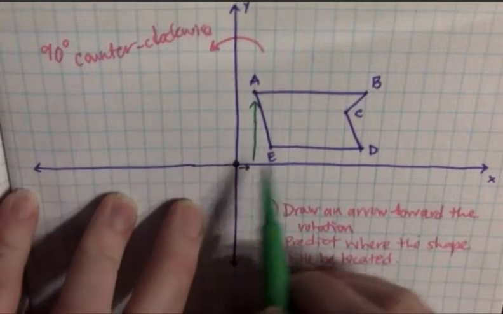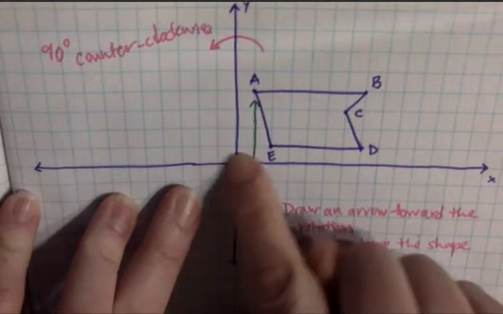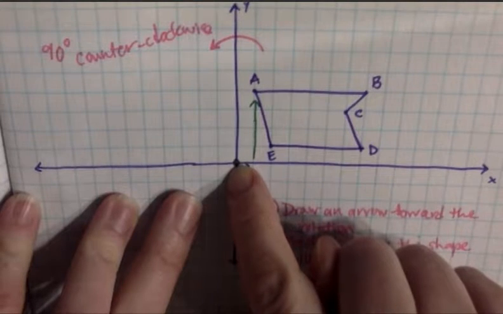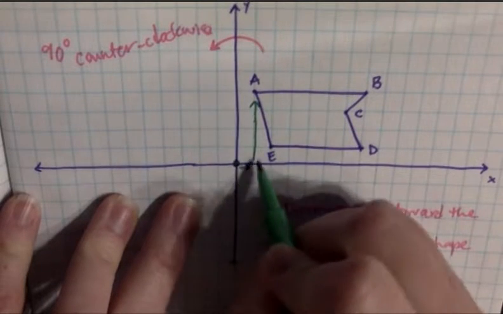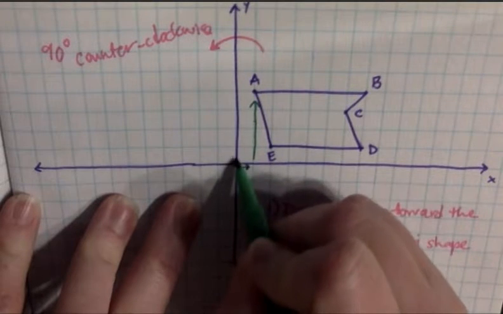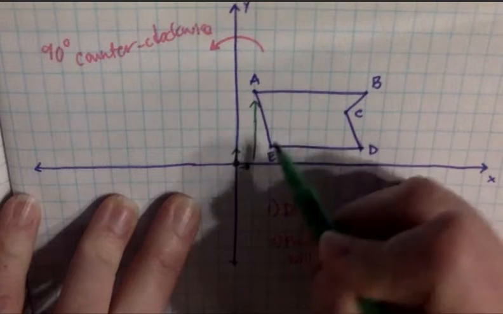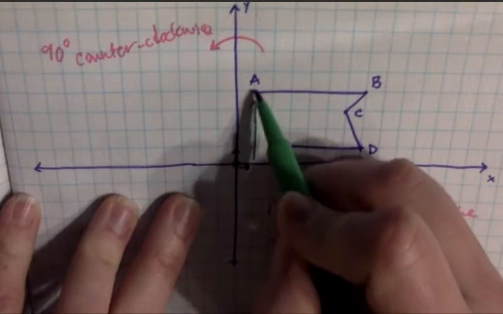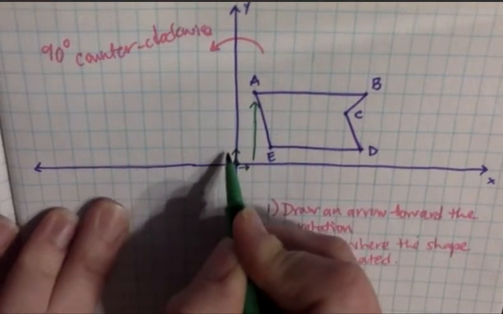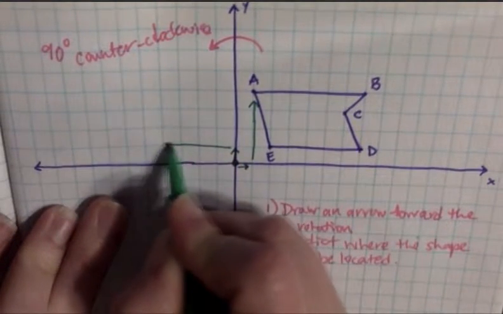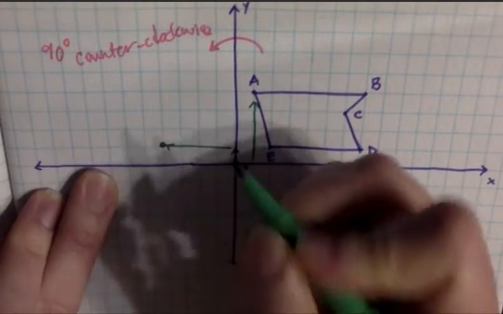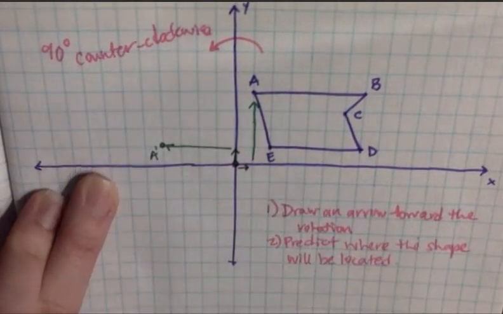So if I'm going to rotate this point, it needs to be that same distance away from the origin. This side here is going to end up going up over here, and this long increase towards the y is going to end up being a long increase towards the x. And now I can label this point A prime.